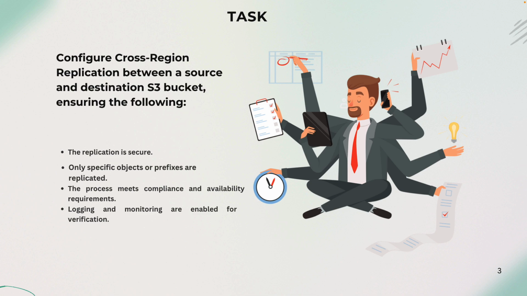But for this lab, we're not going to be using encryption, but mostly for production you want to ensure that the replication is secure and that only specific objects or prefixes are replicated among buckets, that the process meets compliance and availability requirements, and also logging and monitoring are enabled for verification. And this is you here, the staff all confused and trying to make sure everything is working fine.